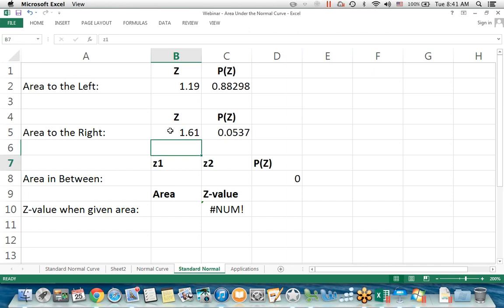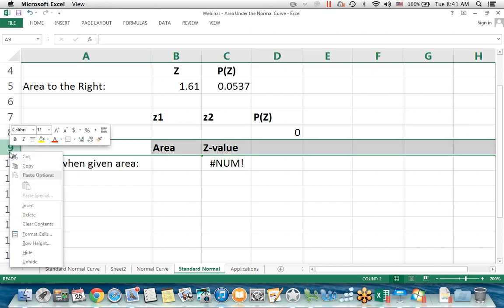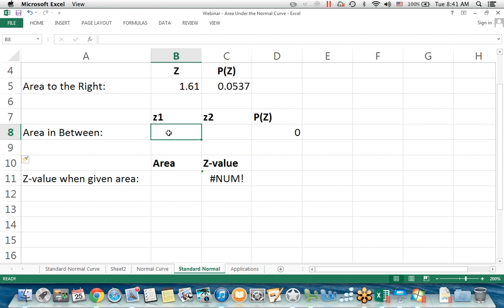Now for problems 5 through 8, they're asking us to find areas in between the values. So Z1 and Z2 are two different numbers that we're going to have to type in. Remember that in Z1, I'm asking you to please put in the smaller number, so negative 0.34 for problem 5 is the smaller number.